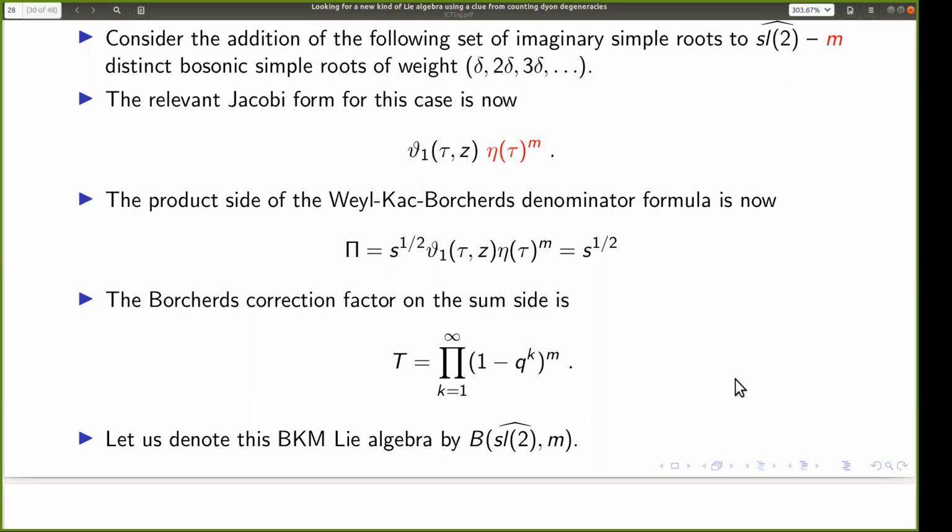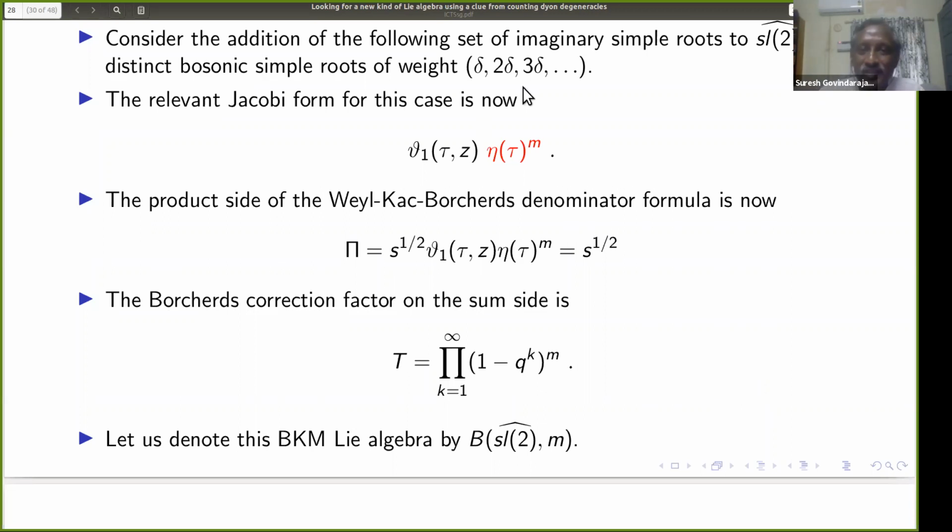What is the Cartan matrix for this BKM algebra with M extensions? Oh, it is infinite dimensional, so it will be 2, minus 2, minus 2, 2, and then a whole bunch of zeros, M zeros for the first delta, then 2. So it's some infinite dimensional Cartan matrix.